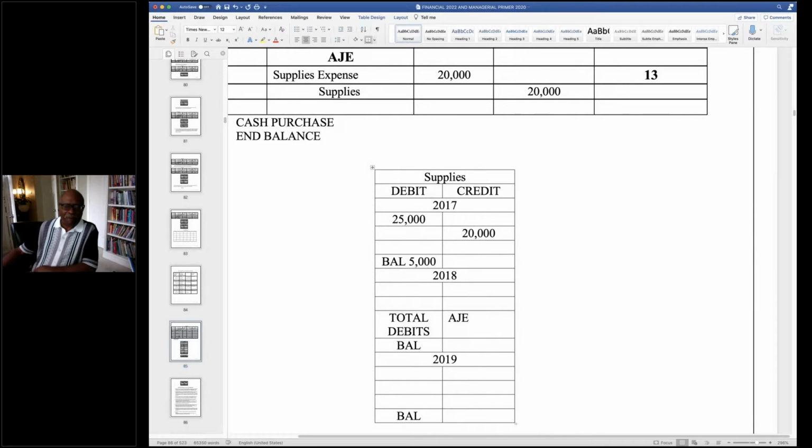I understand the gist of this, like how to figure out the adjusting entries and the balances. But my confusion is, when my team and I were doing this assignment with the 1 through 10, I didn't know specifically how to make that account, so I was doing separate T accounts, like supplies as its own account and then supplies expense.